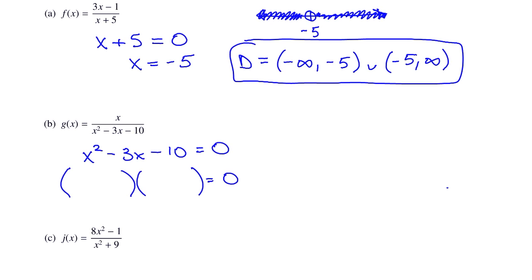Here I'm going to factor. This is going to be 5 and 2. We need to make negative 3 in the middle. So the 5 is going to be negative, and the 2 is going to be positive. And then when you set each of these factors equal to 0, you get x is equal to negative 2, and x is equal to positive 5.